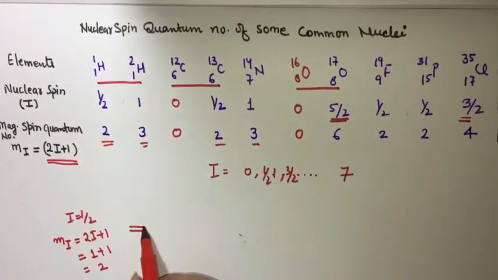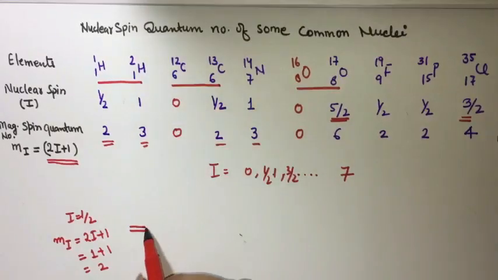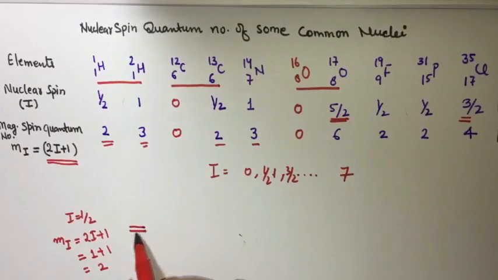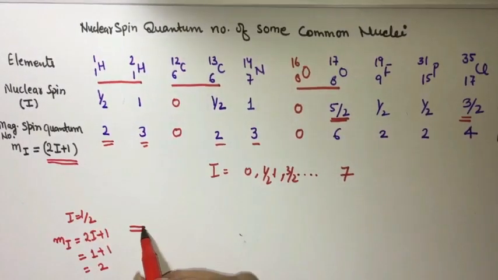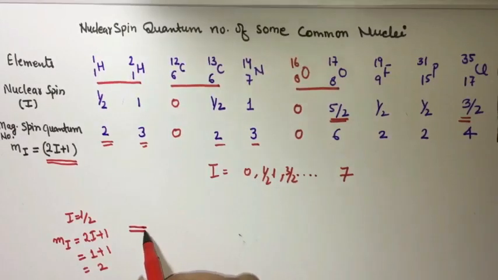When we are not applying any external magnetic field, both the spin states, or both the energy states, are of the same energy and equally populated. These two terms need to be understood. These two are degenerate as well as equally populated.